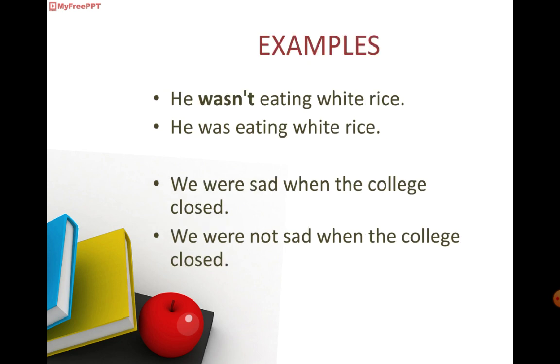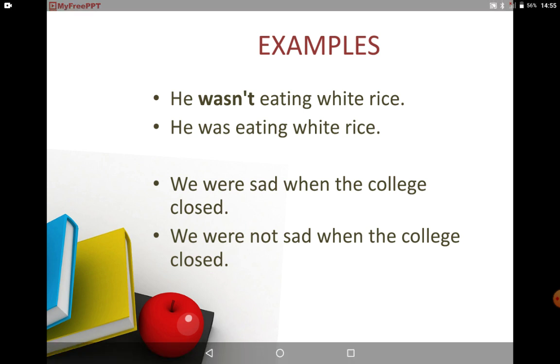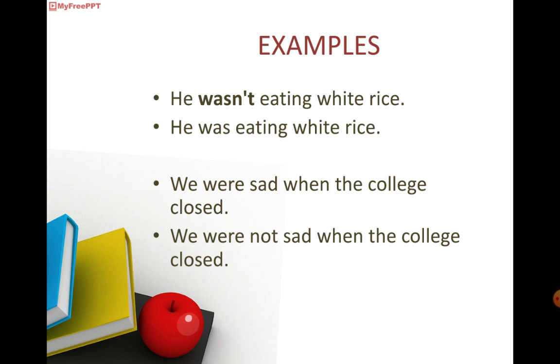Next sentence, he wasn't eating white rice. This is a negative sentence because wasn't is there. Now, in order to make it positive, we can remove not, and when we remove not, it will become he was eating white rice. Next sentence, we were sad when the college closed.